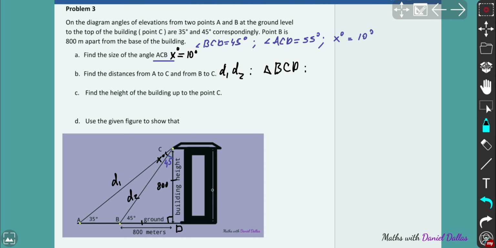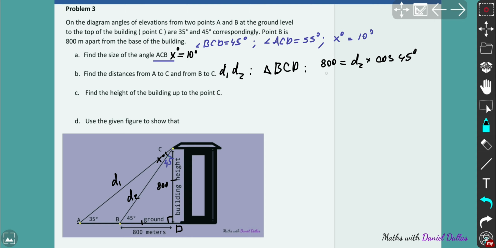Okay, so can we figure out D2? Of course we can figure it out. So I would use, let's say, the cosine ratio, because D2 is the hypotenuse, and the 800 meters at the bottom is the adjacent leg, so we can write that 800 is going to be D2 times cos of 45 degrees.